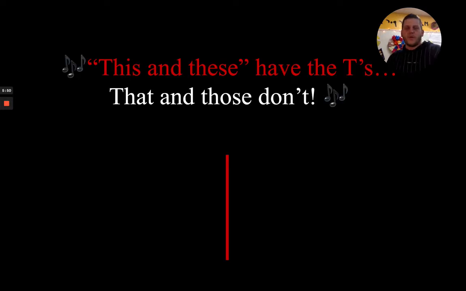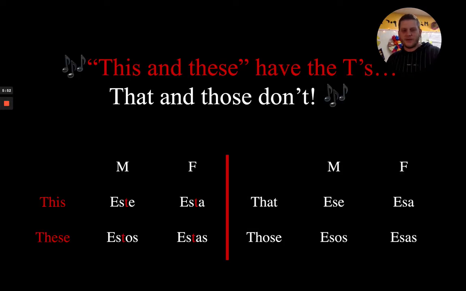So, we just learned how to say this and these. And then we learned how to say that and those, and they were really similar. Este versus ese. Esta versus esa. Estos versus esos, and estas versus esas. Well, when I was sitting in y'all's place in high school trying to learn these, here's how I remembered it.